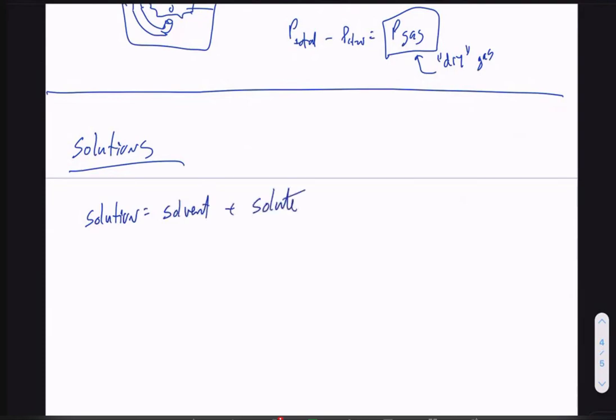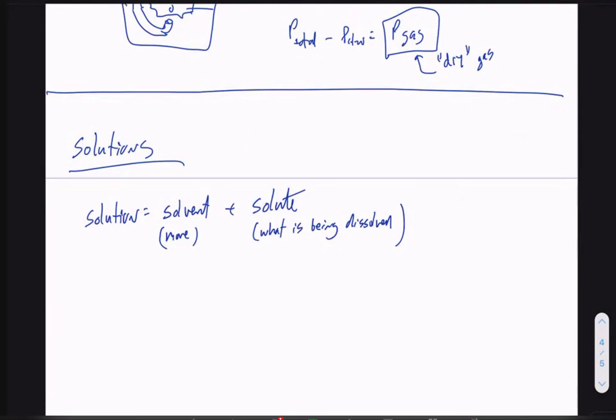The solvent is what there is more of. The solute is what is being dissolved. It's always far less solute than solvent. Well, I shouldn't say always. Most often you have less solute than solvent.